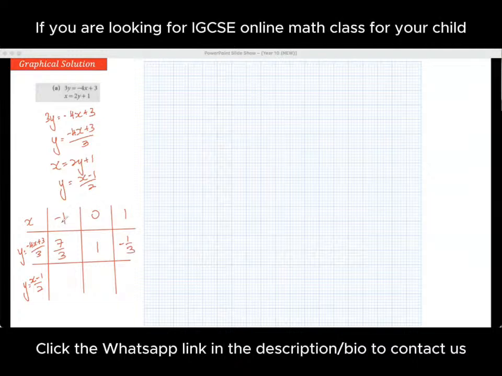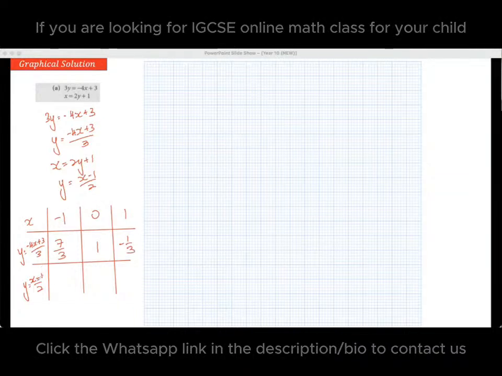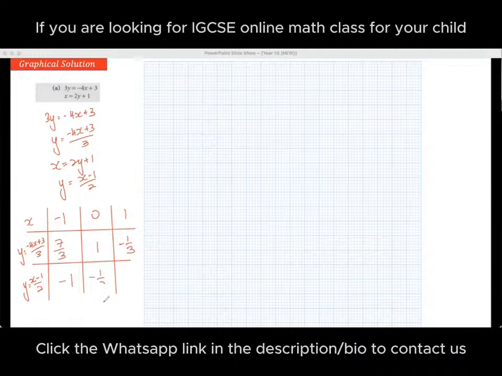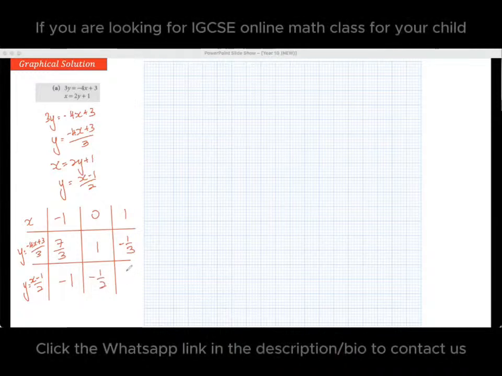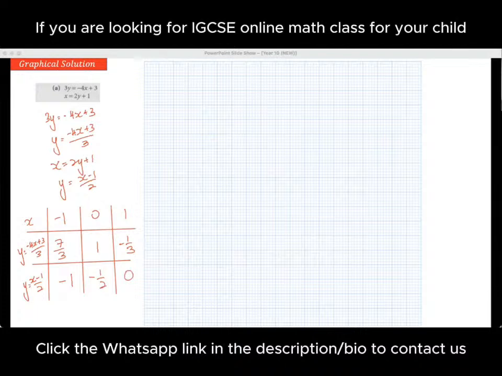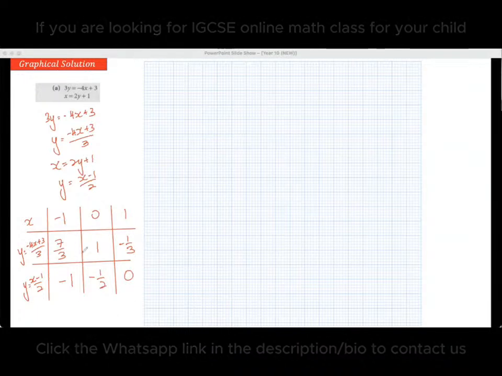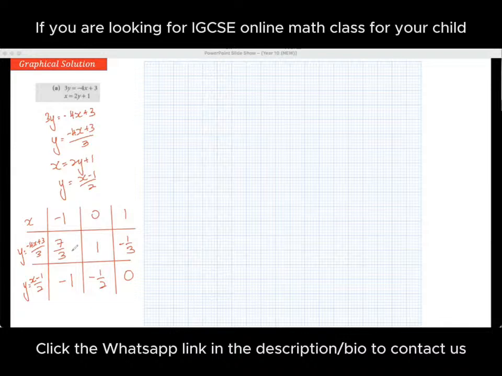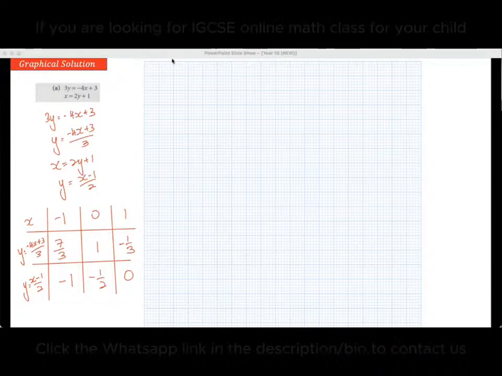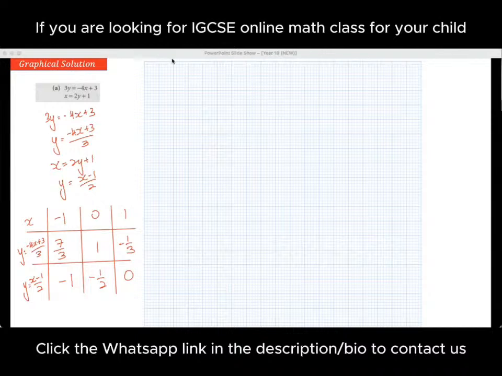So when x equals to 1, y will be negative 1 for this one, and negative half for the other. This will be 1. This will be 0. All of them are between, the biggest number here is 2 and 1/3.